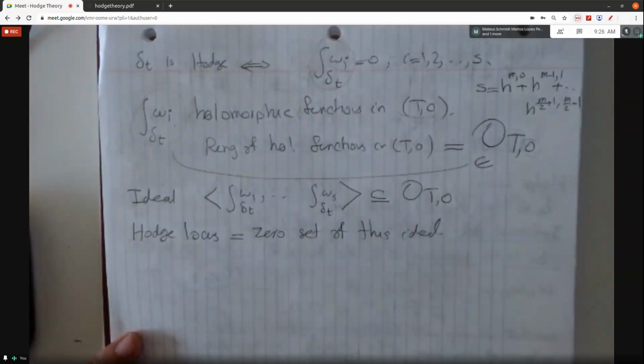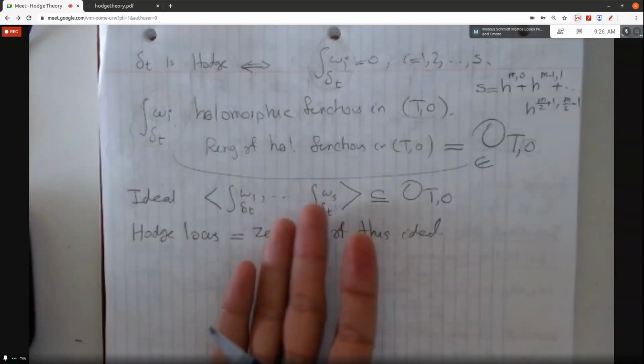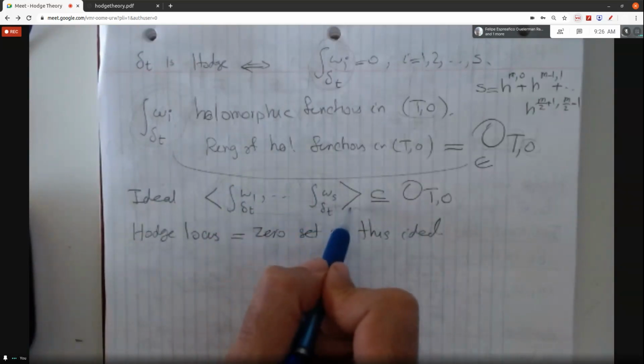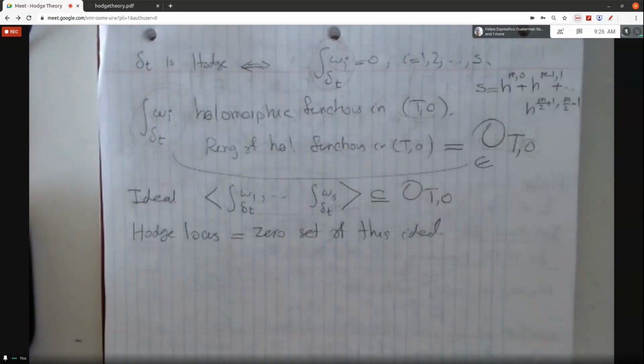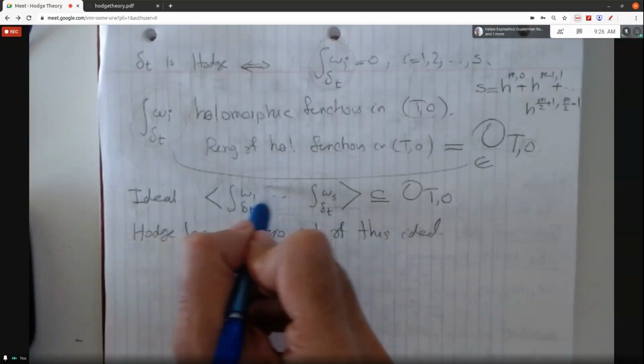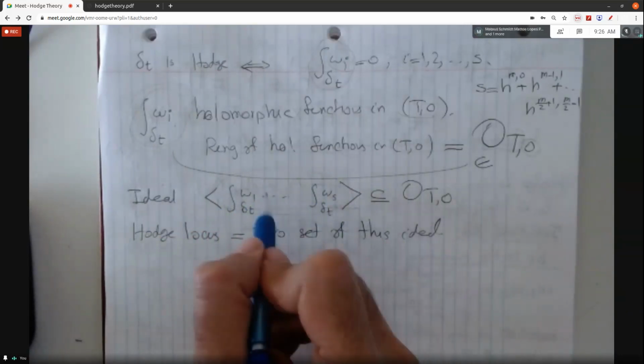But actually, maybe I go a little bit to this revolution in algebraic geometry by Grothendieck. Sometimes the ideal itself is more important than the zero set, because the ideal contains more data. First of all, we don't know about this ideal if it is reduced or non-reduced, if it has nilpotents.